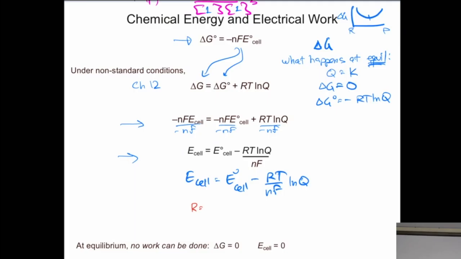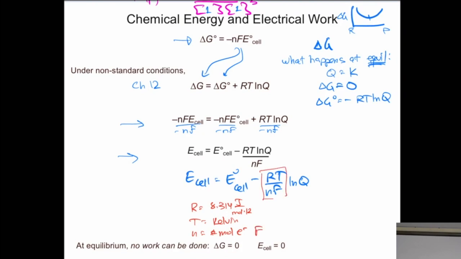In this case it's the gas constant, but we need the version in joules because this is all measured in joules, so it's 8.314 joules per mole Kelvin. T is the temperature in Kelvin. N, of course, is the number of moles of electrons, and we know how to get that now. We've practiced how many moles of electrons are transferred in a reaction. And then, of course, F is our Faraday constant.